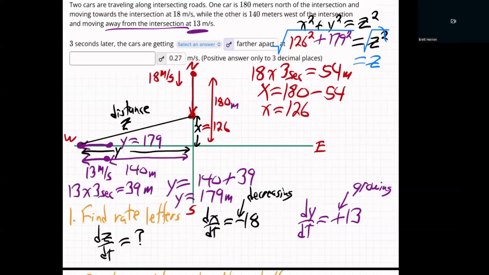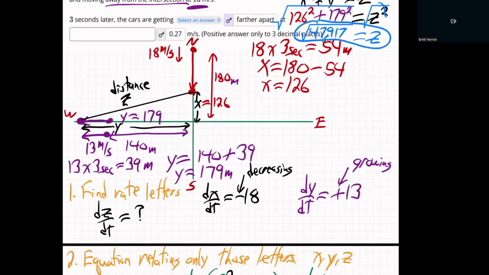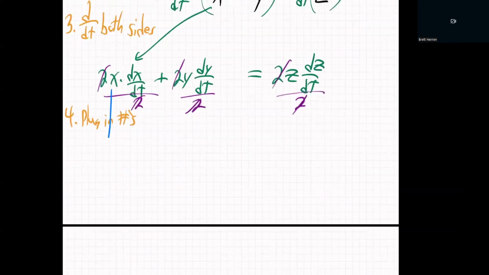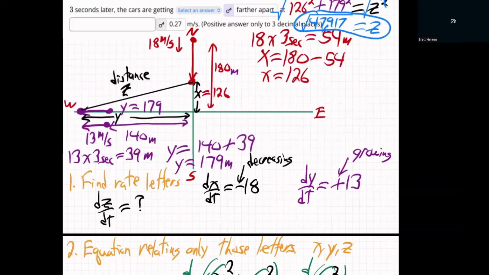So it's going to be the square root of 47,917. So there's z. All right, we got x, y, and z. Let's bring them down.